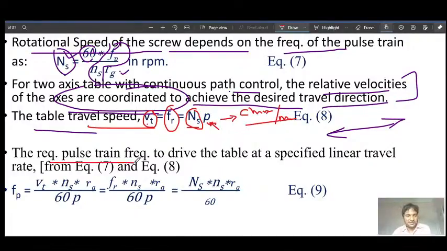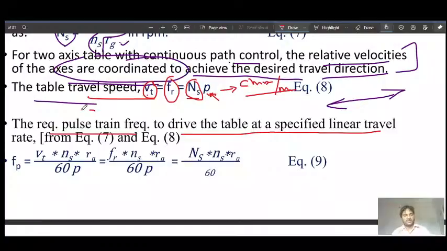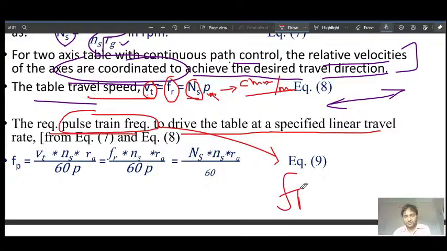The required pulse frequency to drive the table at a specified linear travel rate. What is the pulse frequency? We are going to find the Fp value, the pulse frequency value required to drive the table at this speed, Vt.